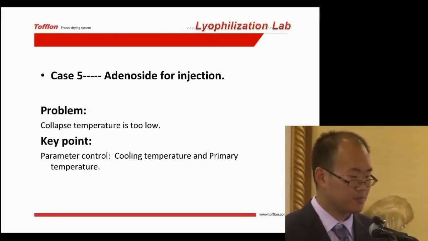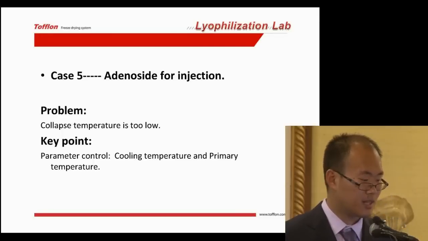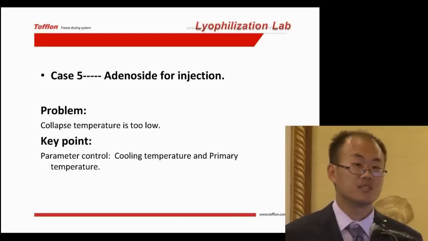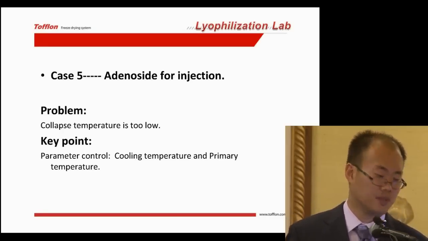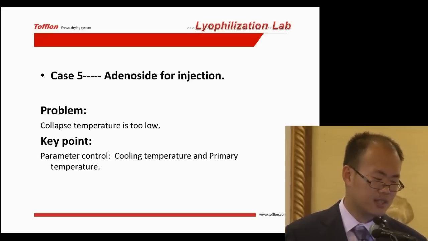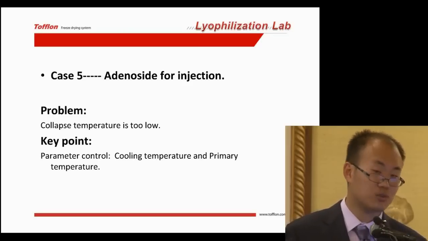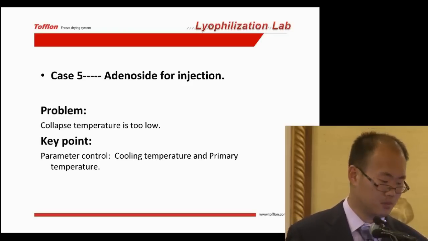Case 5, adenosine for injection. This problem is that the collapse temperature is too low. This is not a very difficult problem to solve, but I just mention it because the temperature is too low. When the temperature is too low, we usually need to freeze dry the product in a very long cycle.